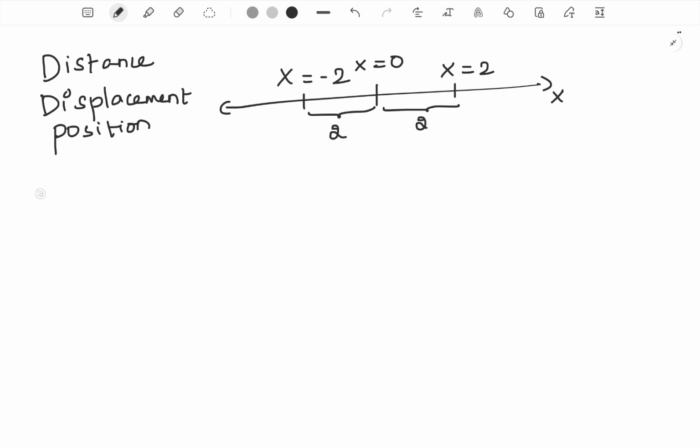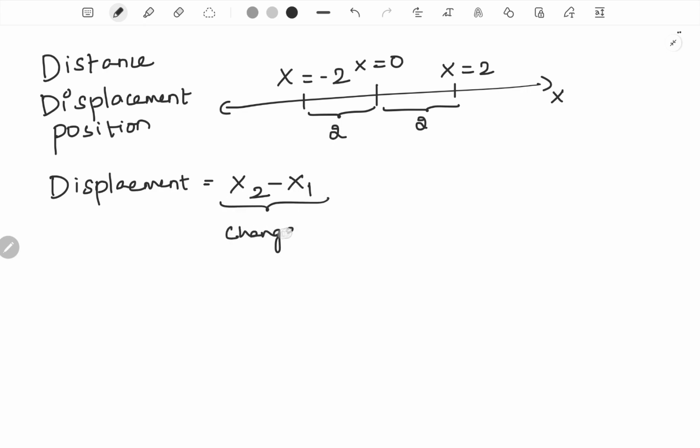Then how do we define the displacement and distance of the particle? The calculation of the displacement is quite simple. Mathematically we write x2 minus x1, which is nothing but the change in position. Here I am representing x2 for the final position of the particle and x1 as the initial position of the particle.